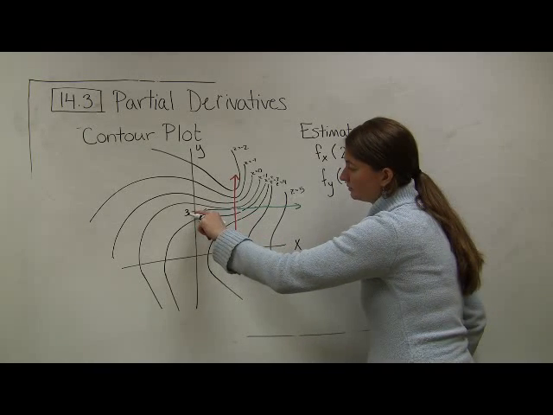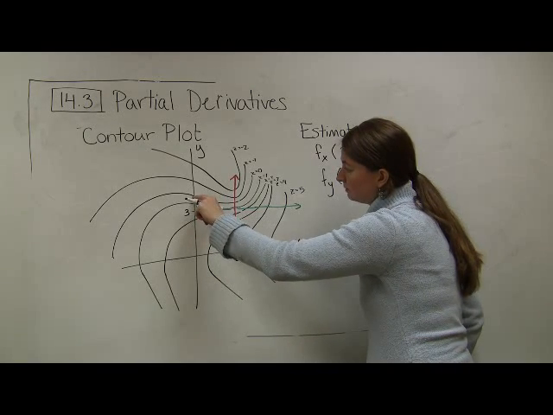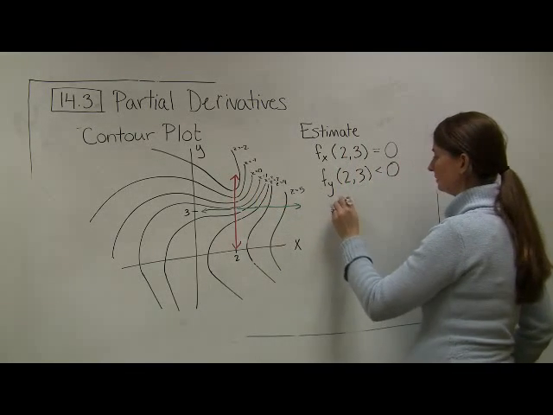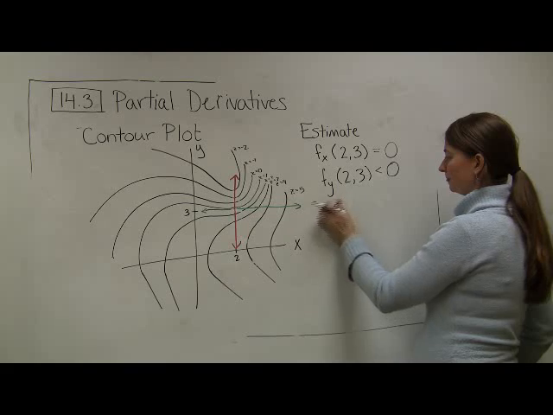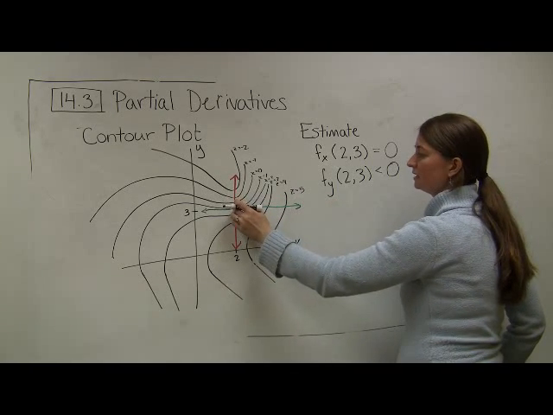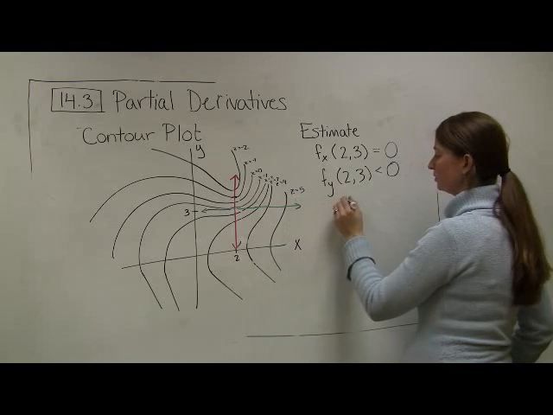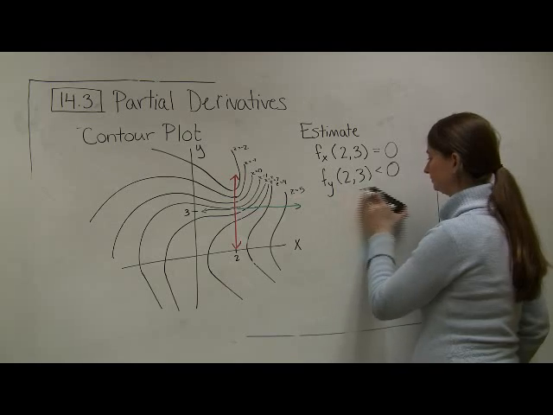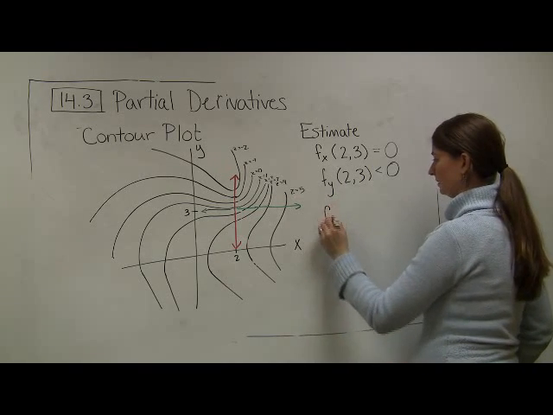As I go from 3 to maybe 3.5, my change in y, so maybe I'll write this out. As my y values shift from 3 up here, which I'm saying is 3.5, maybe I'll write it like this.